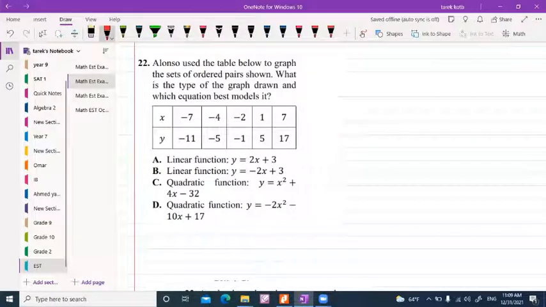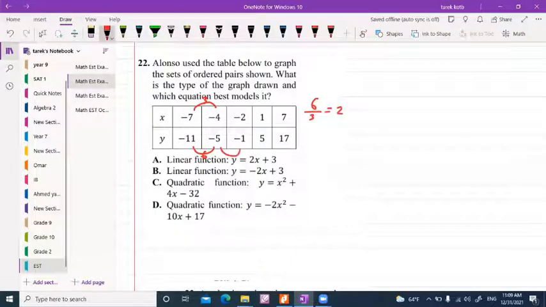Here the difference is 6 and this is 3. 6 divided by 3 equals 2. And here the difference is 4 and the difference up is 2. 4 divided by 2 is also 2. So it's the same slope.